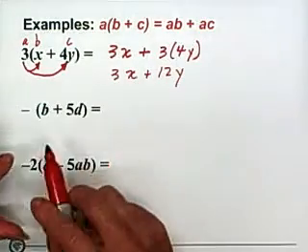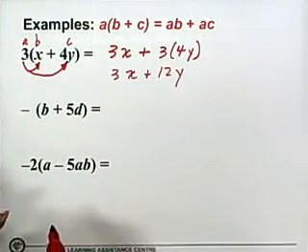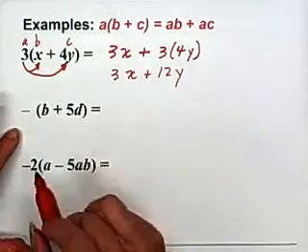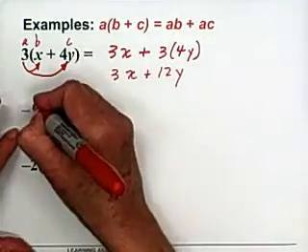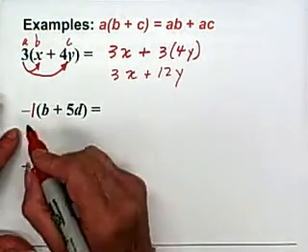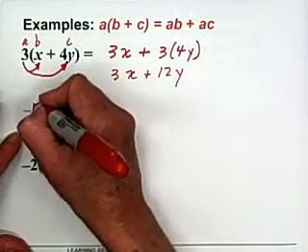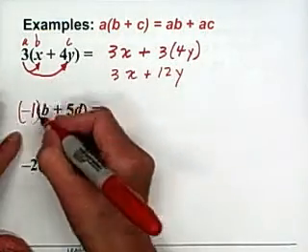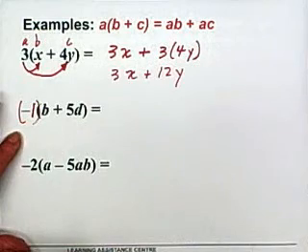Now this next question has a minus in front of it. Sort of looks like we don't know what the number is here, but we just put a 1 in there. It's the same as saying it's a minus 1 in front of that bracket. So now our A becomes a minus 1, and it might help to just put this in a bracket and remember it's being multiplied by the b plus 5d.